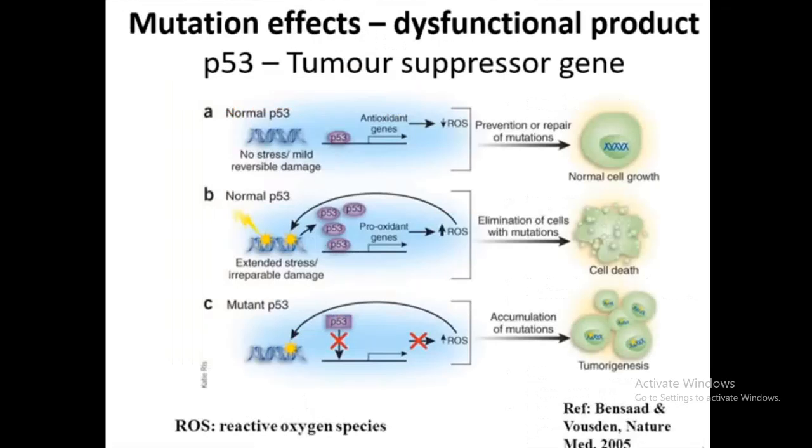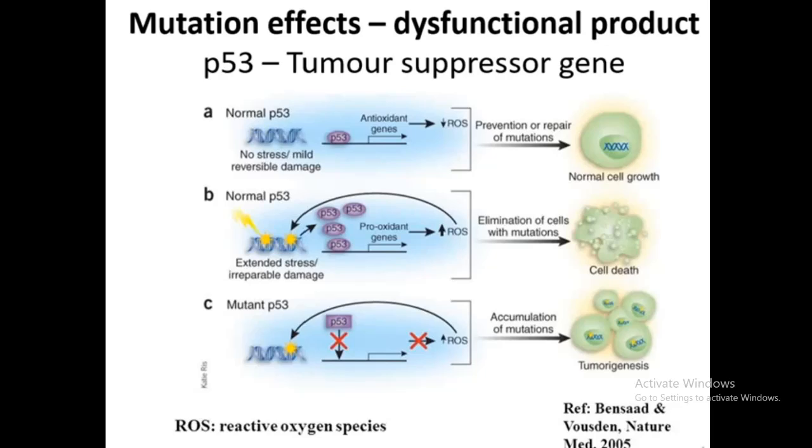So just as a quick example, you may or may not be familiar with tumor suppressor genes, but one of the major tumor suppressor genes is P53, also known as guardian of the genome. And this particular tumor suppressor gene is implicated in a wide range of cancers.